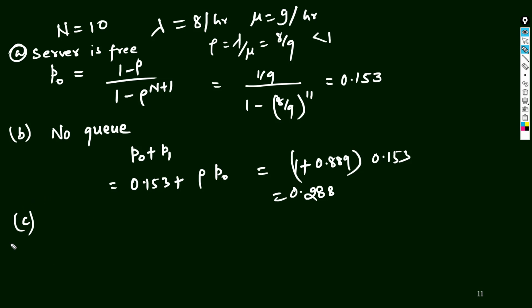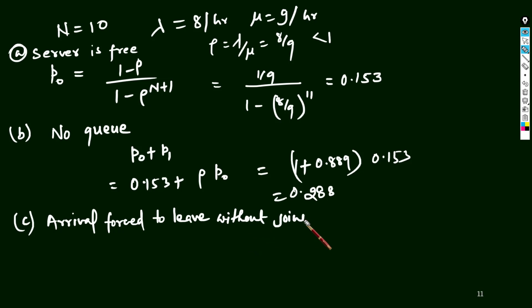The probability of an entering person being forced to leave the queue without joining it. So the probability of an arrival forced to leave without joining, that is what we have seen as Pn, that's the probability. Okay, so how much is that?